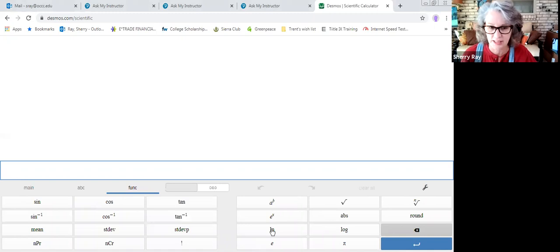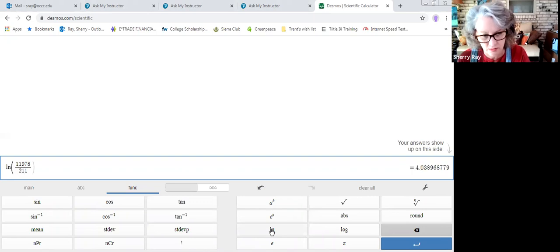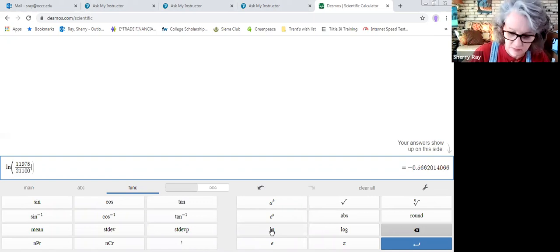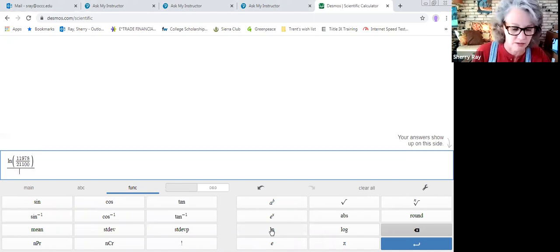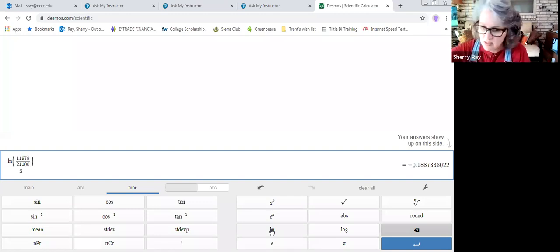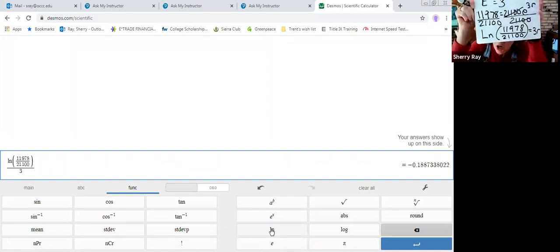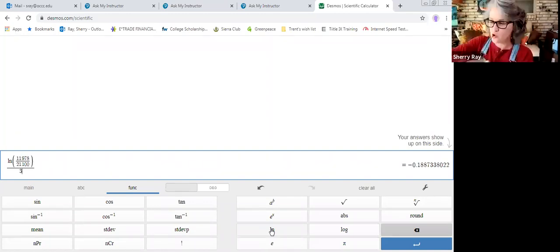That's ln. 11,978 divided by 21,100. Now I'm going to close my parentheses. And the reason I'm dividing that by 3 is because this is equal to 3r, and we are solving for r.